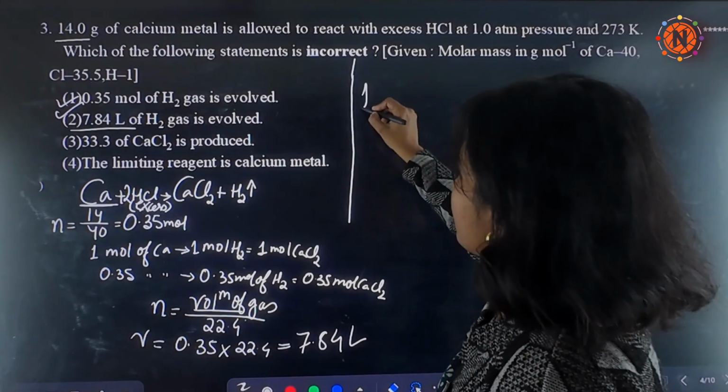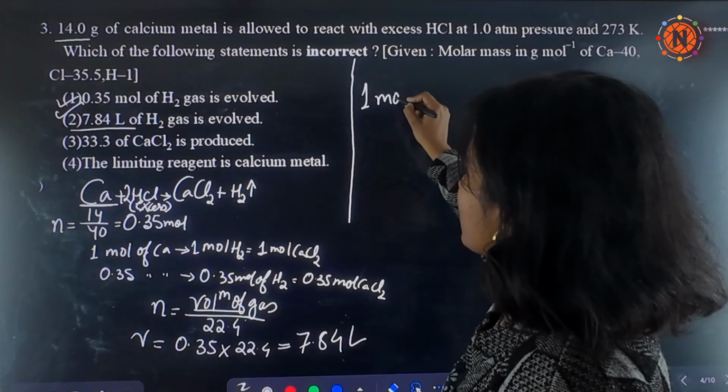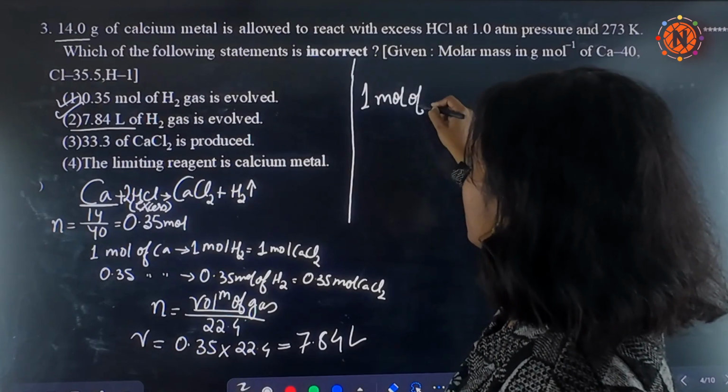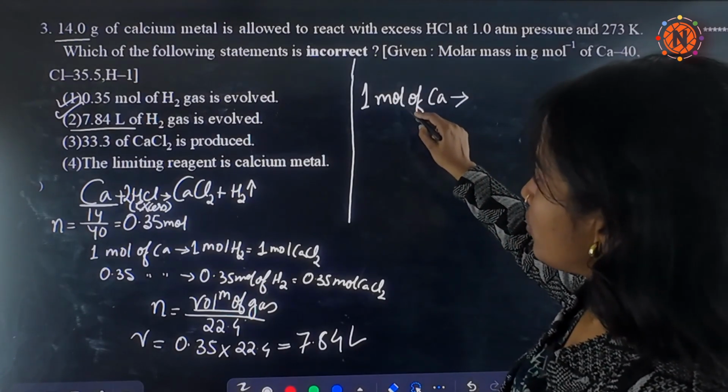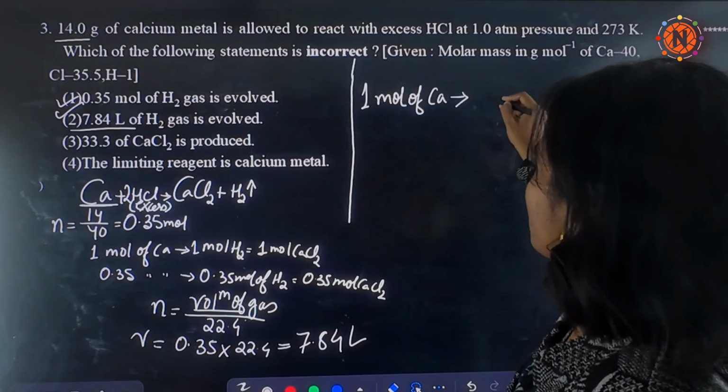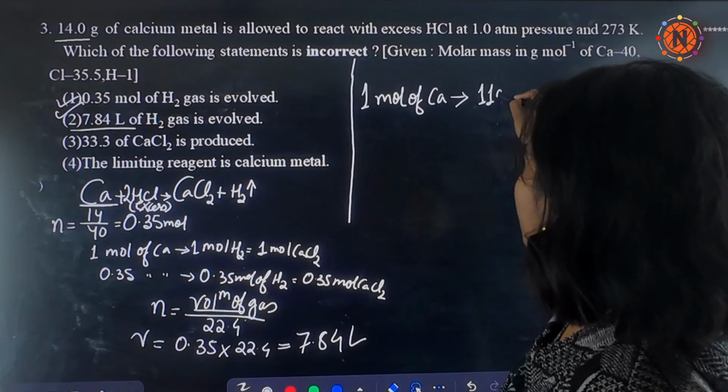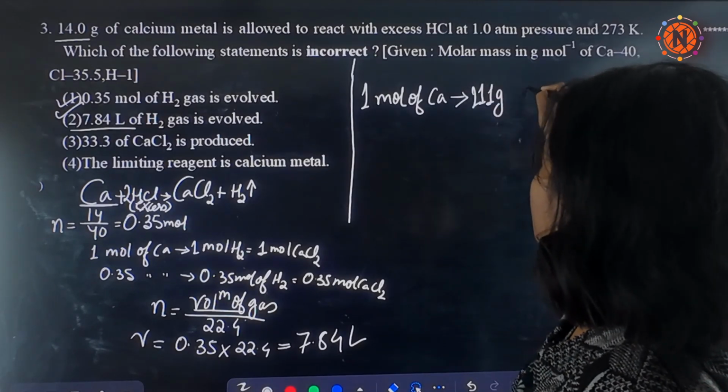So let's see how many grams of calcium chloride will be produced from 1 mole. We know 1 mole of calcium chloride is 111 gram.